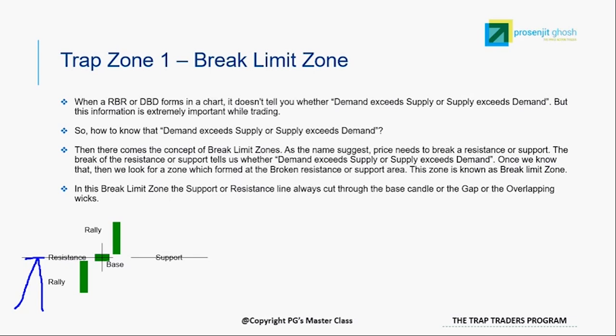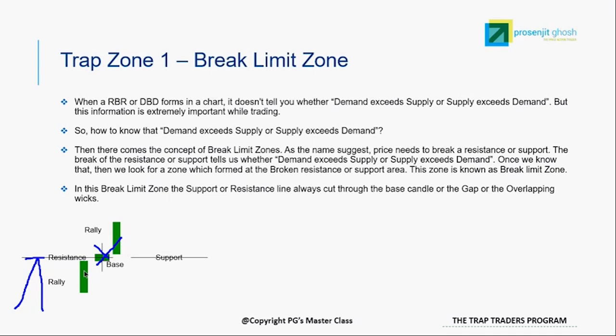Jayaprasad Nairola says, is there any possibility that a momentum candle cuts the resistance line instead of a base candle? Yes. In that case, there will be no break limit zone forming. Are you getting that point? A good question from you.